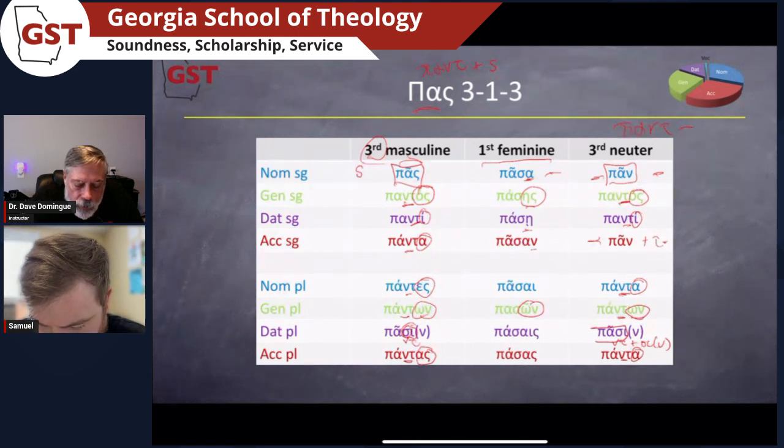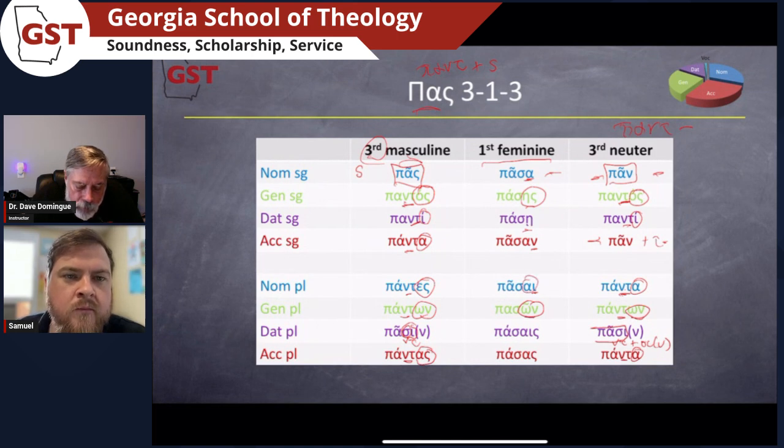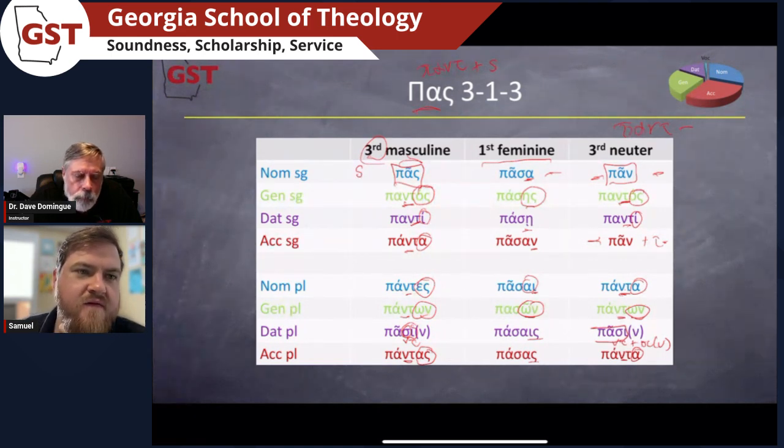Here's our nu ending for the accusative. Here's our iota ending, and now we have our stem ending, our omega nu. So it follows our first declension pattern. It's the exact same pattern we've already seen, nothing new, right? It's just learning how that sigma really affects a lot of what these words will look like.